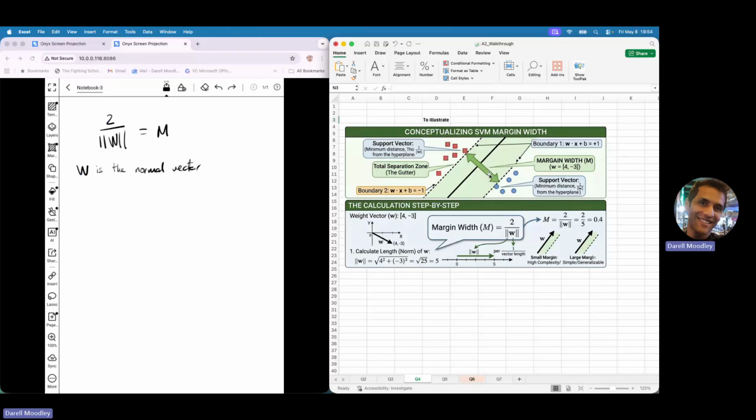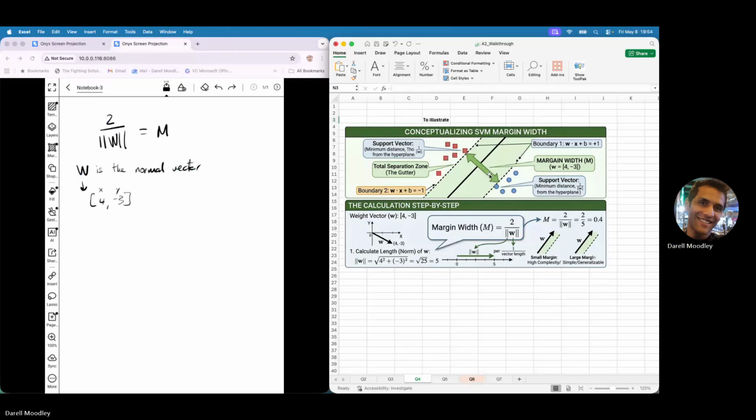Now in my example, I'm going to use my own normal vector. Let's say it's given by 4 and minus 3. So this is its x coordinate and this is its y coordinate.